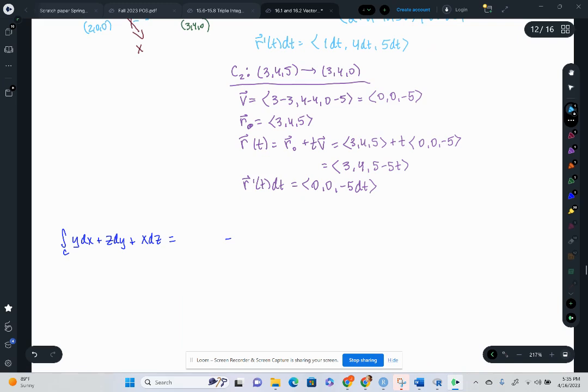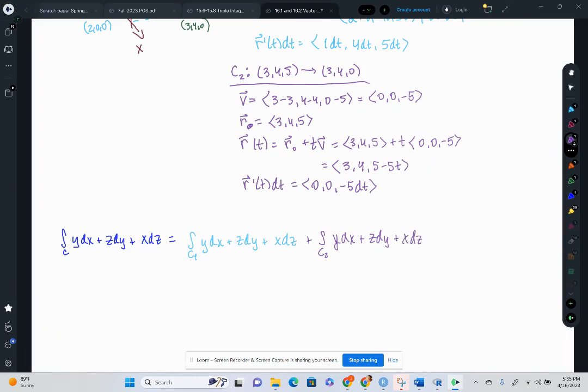All right, so the first one, line integral over C1, was in blue. So it's going to be the y dx plus z dy plus x dz. And then plus the line integral over C2 of y dx plus z dy plus x dz.